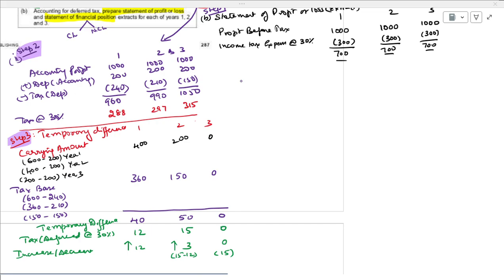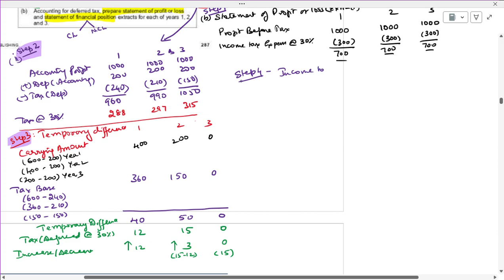Now in step 4, we will make a reconciliation. What is the income tax expense we are paying? 1, 2 and 3.